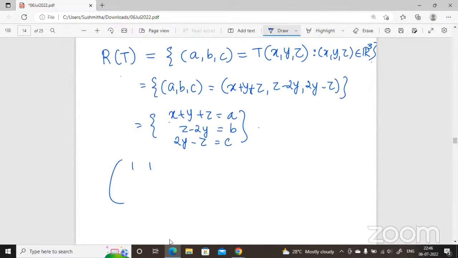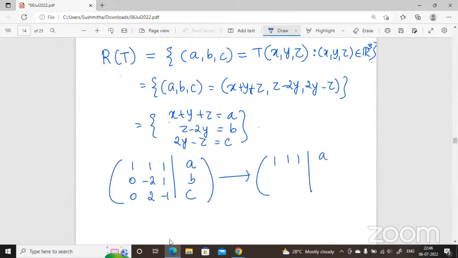So 1, 1, 1, a; 0, minus 2, 1, b; 0, 2, minus 1, c. Clearly, b should be equal to minus c, right? From the last two equations. So 1, 1, 1, a; 0, 1, minus half, minus b by 2; 0, 0, 0, c plus b.